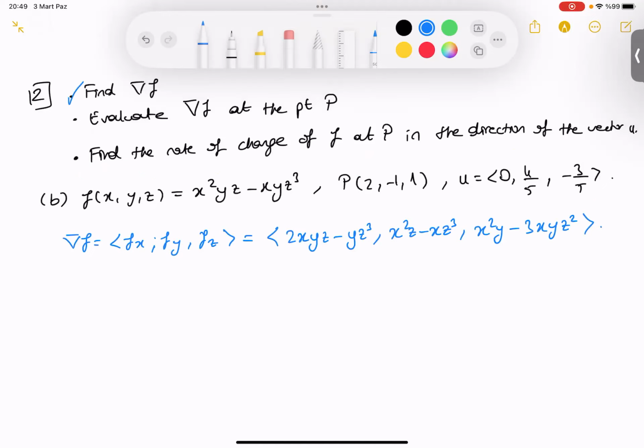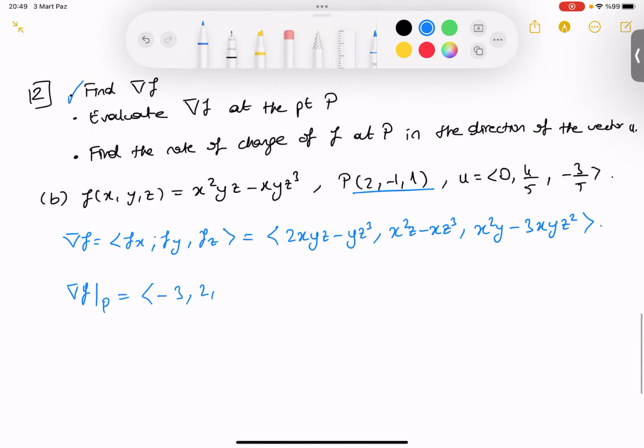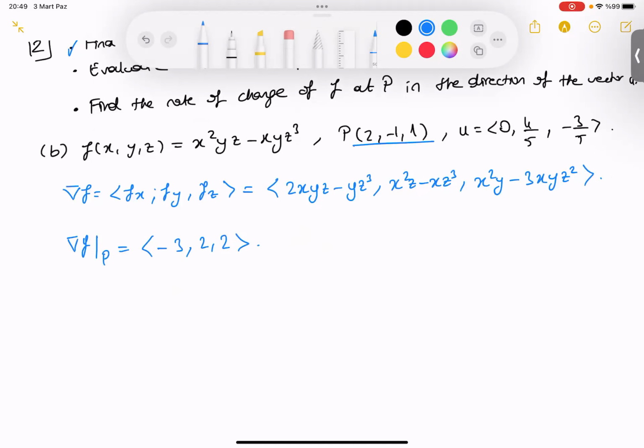Now for the second one, we just plug the point P there, which is this point. You just plug x equals 2, y equals -1, and z equals 1, which will give you, let me write directly, this value. So we're done with this.